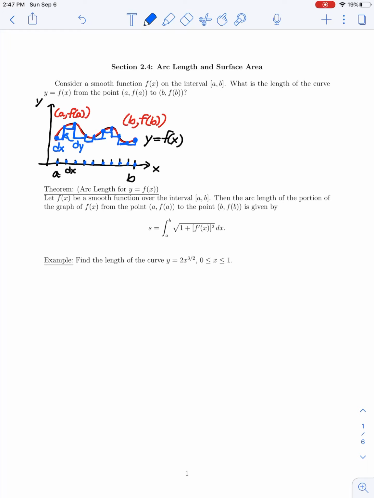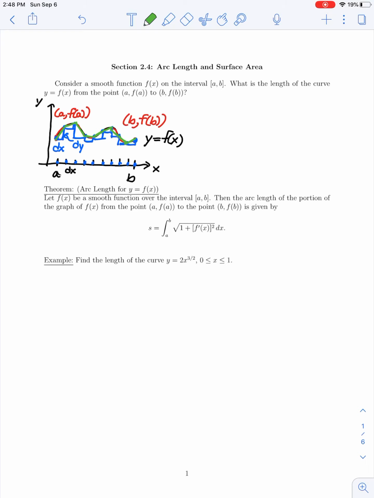So if I know the change in the horizontal direction and the change in the vertical direction, dx and dy, then I can calculate the distance between each of these points on my curve by using the distance formula between points in the plane, or equivalently by using the Pythagorean theorem here.